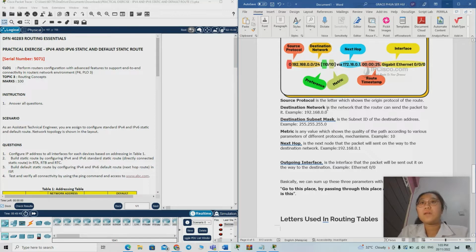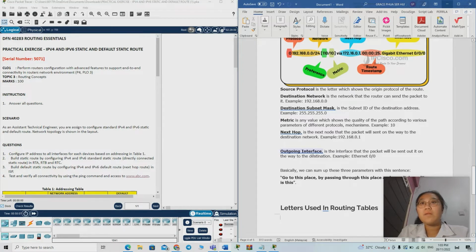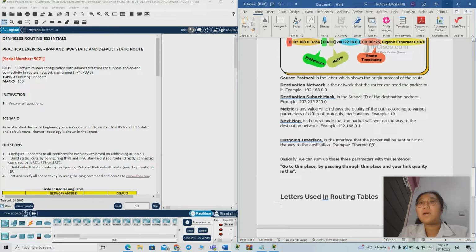The destination network is the network that the router can send the packet to. The destination subnet mask is the subnet ID of the destination address. Metric is any value which shows the quality of the path according to various parameters of different protocols. Next hop is the next node that the packet will be sent to on the way to the destination network. The outgoing interface is the interface that the packet will be sent out on the way to the destination.